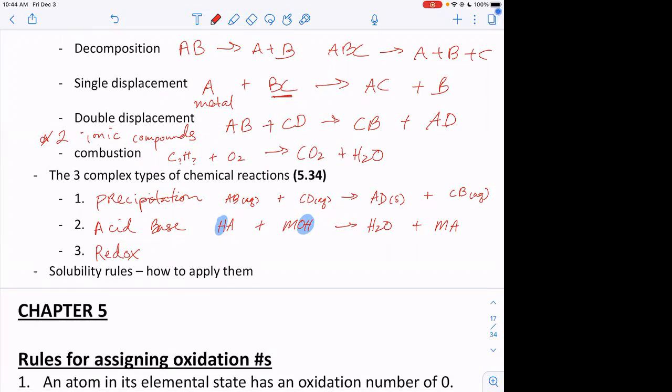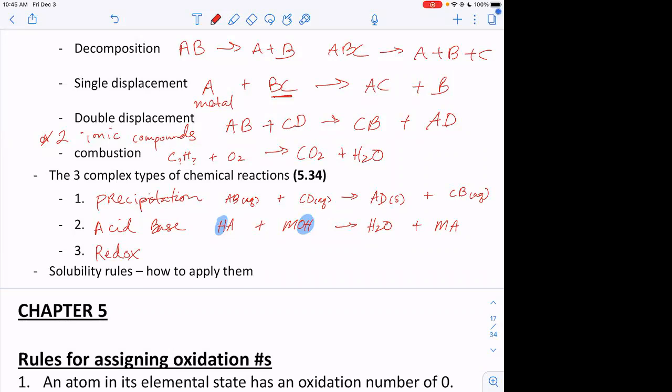So anybody remember how reduction and oxidation work? How we define those processes? That has to do with finding oxidation numbers. But how do we define reduction? Remember OIL RIG? It's all about who's getting and who's giving away electrons.